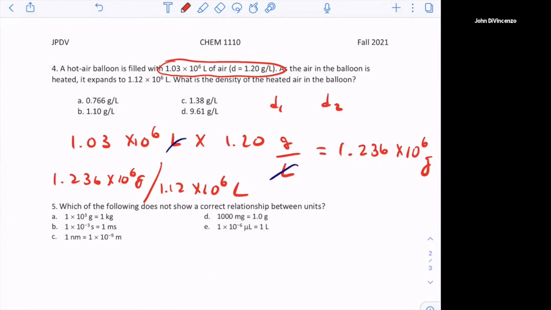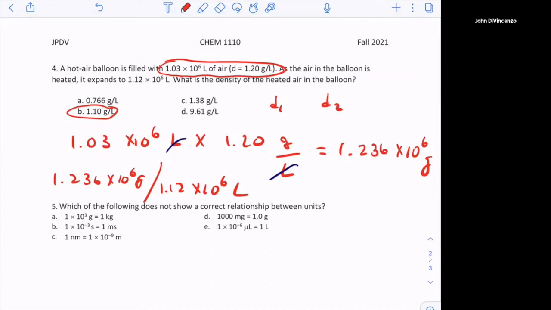Did you get B? Yes? B's our correct answer. You know the density's got to decrease, right? So think about your answer.